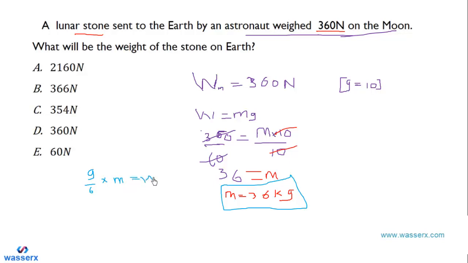We got the weight to be equal to 360 Newton on the Moon. So what we have to do now is substitute this 360 Newton. We know that is the weight of the object on the Moon.